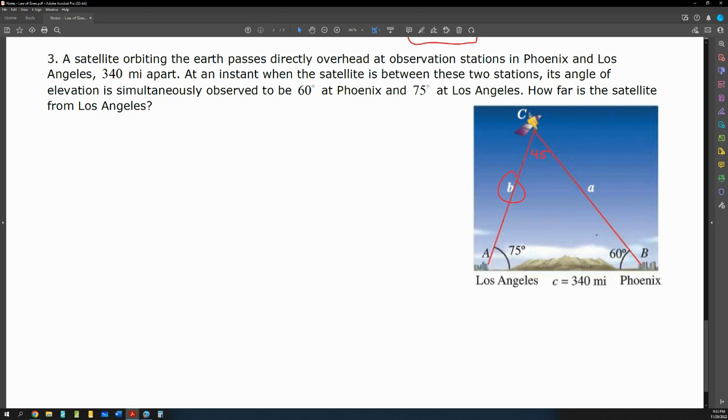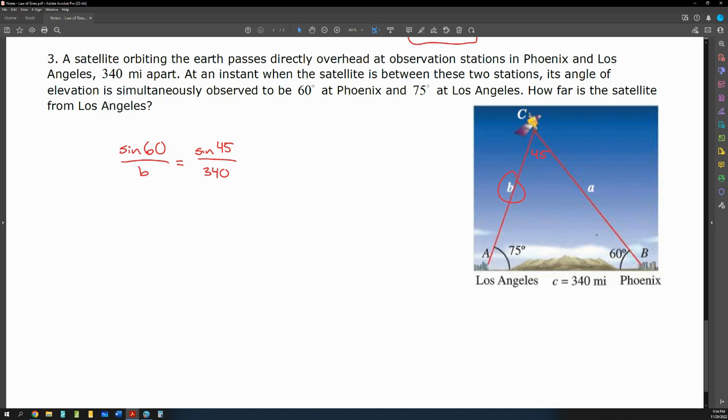If we're trying to find side length B, we have the sine of the angle across from B, or 60, over side length B is equal to, using C and side length C, sine of 45 over 340.